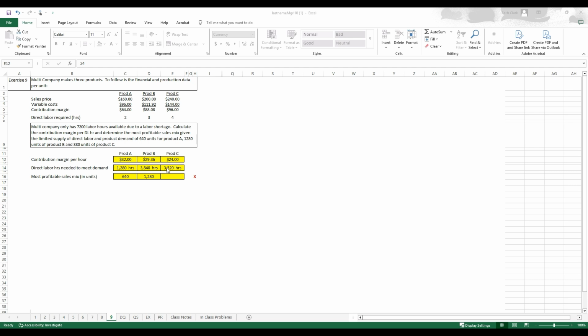So we can't meet demand for product C, but we can do some. So if we take that leftover 2,080 divided by 4, since it takes 4 hours per product, we can make 520 units. So we haven't fully satisfied the 880 units of demand because we only have a limited supply, but we basically maximized the two most profitable products.